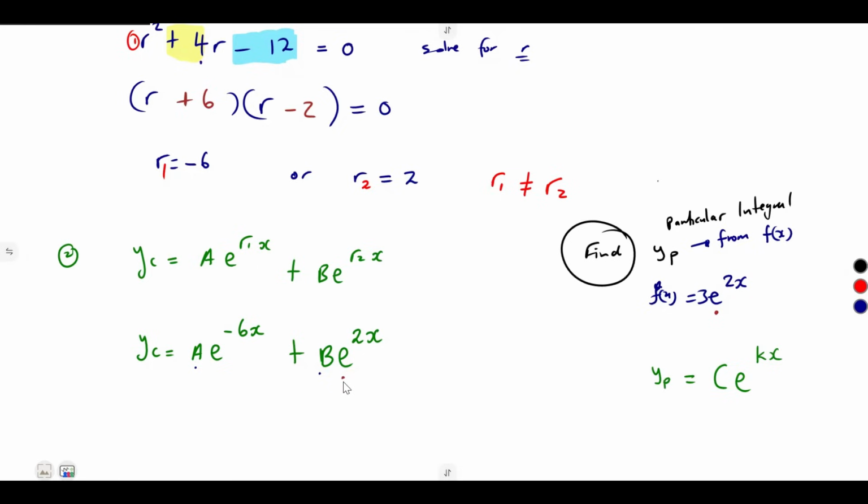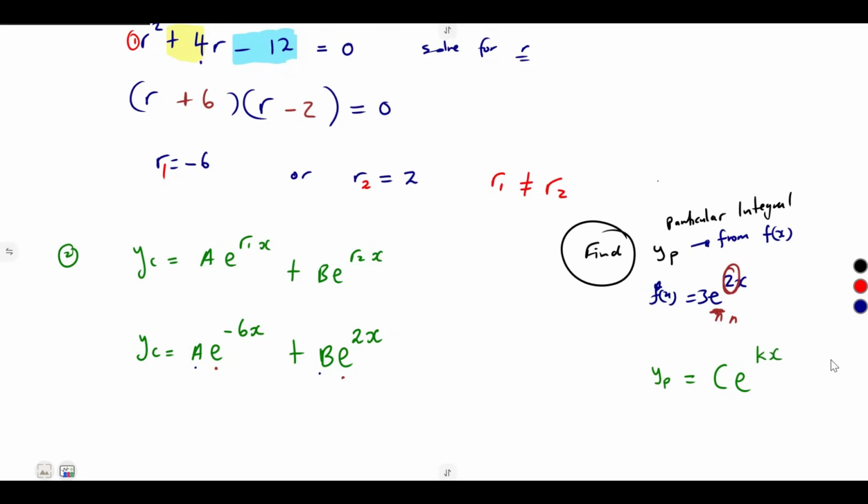Because we have got our complementary function there. It has got e also. There is e to the exponent of -6x. There is e to the exponent of 2x. So if we check properly, on our original function, on our f of x, you have the part of our particular integral. There is also e to the exponent of 2x, which is found here. It is there.